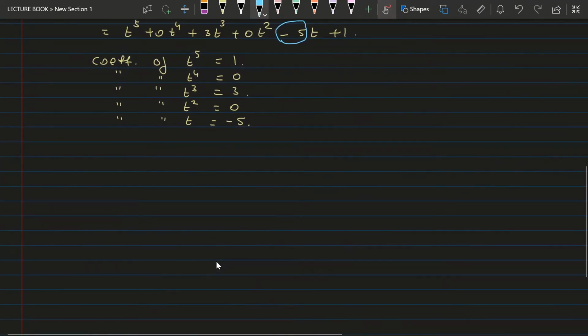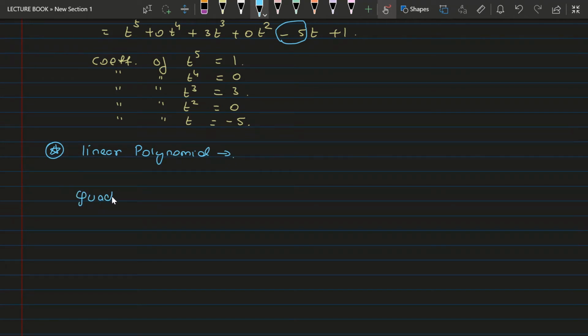Now, the next thing that you have is something called linear polynomial, quadratic polynomial, and the cubic polynomial. These are very easy things.